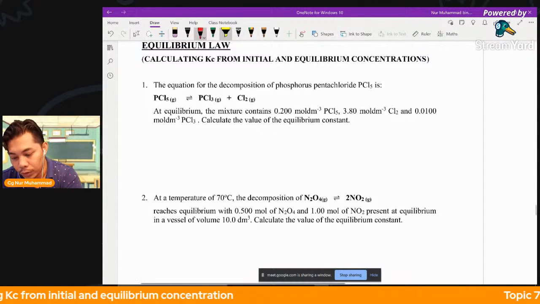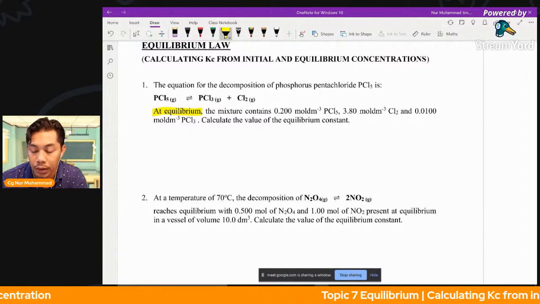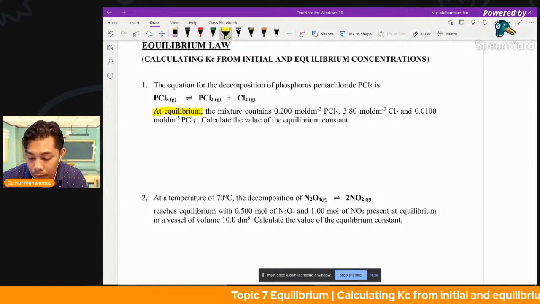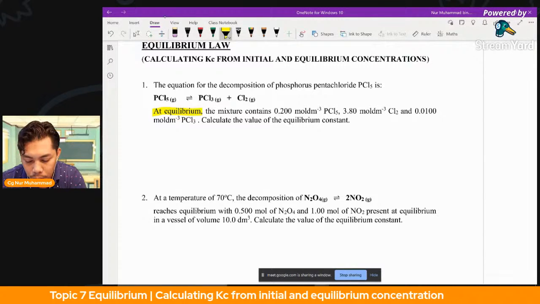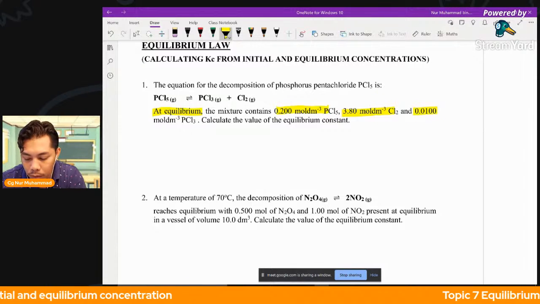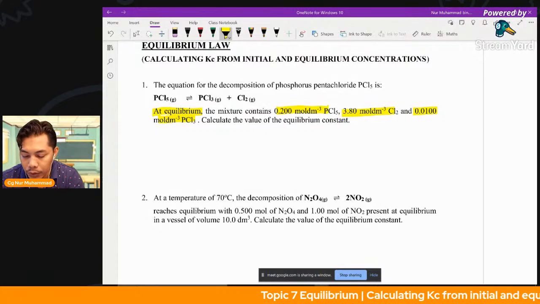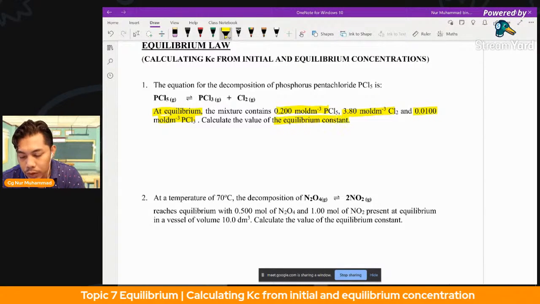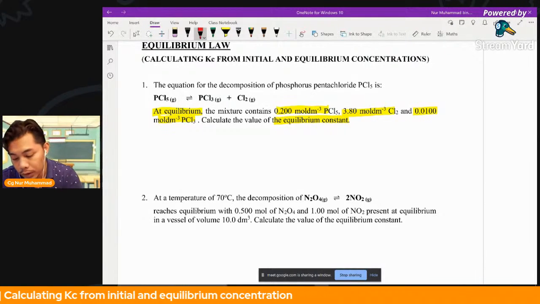When you read the question, please highlight at equilibrium, meaning that the information given are at equilibrium. Boleh faham? So 0.200 mole per decimeter cube PCl5, 3.80 Cl2 and 0.01 PCl3. All the information given are at equilibrium. So calculate the equilibrium constant, meaning that you can calculate directly from the information given.